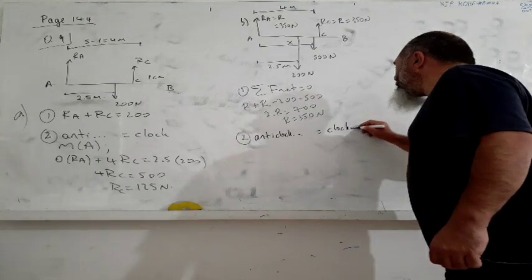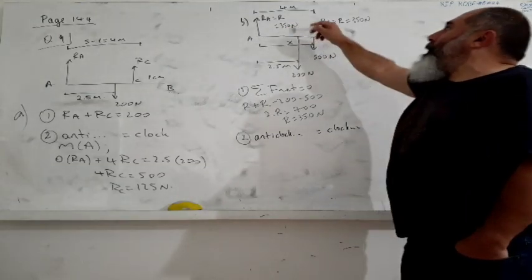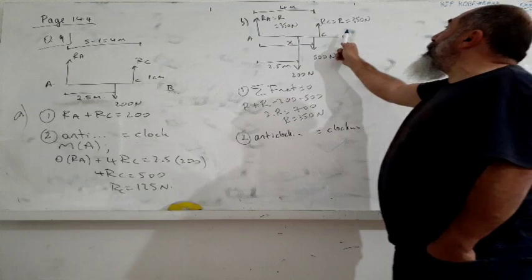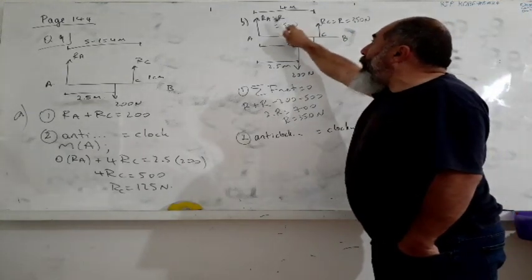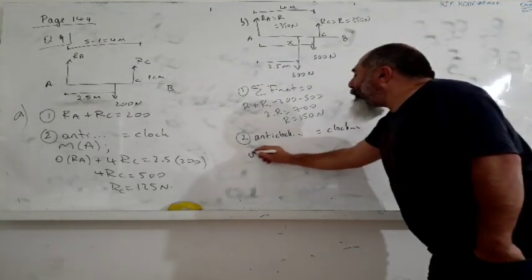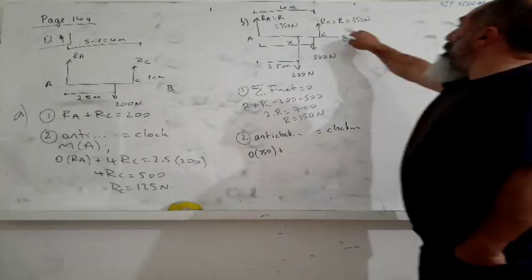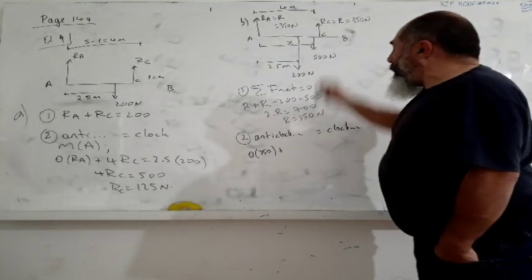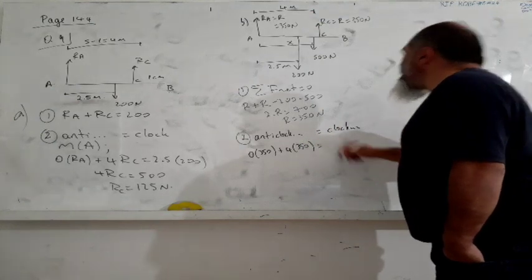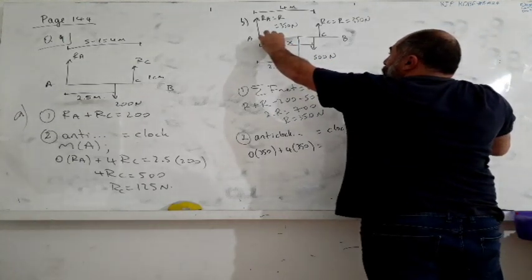The reaction at C tries to turn the beam anti-clockwise, and the reaction at A also, but the distance of the reaction at A is 0 from A. So 0 times 350 plus 4 times 350 is equal to the two forces which try to turn the beam AB in the clockwise direction.